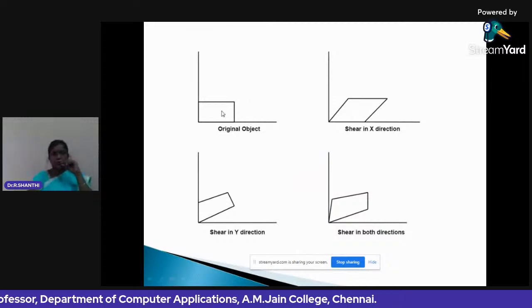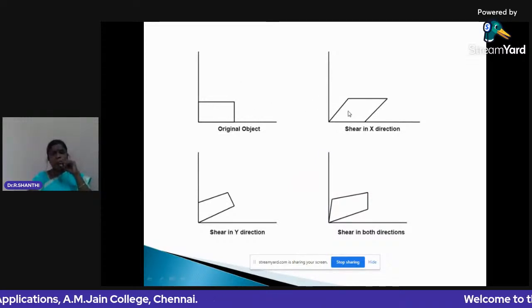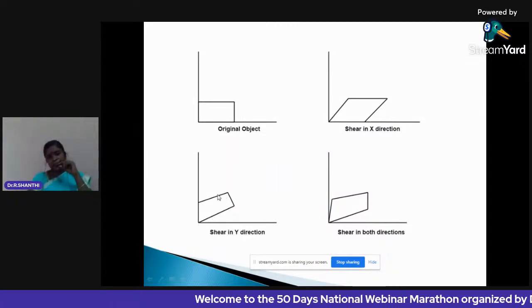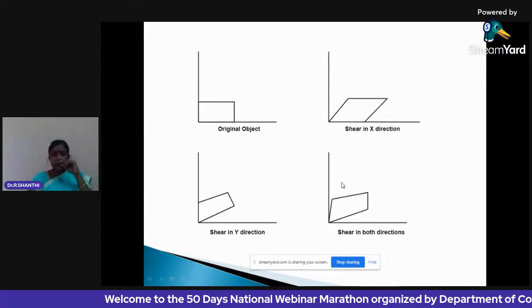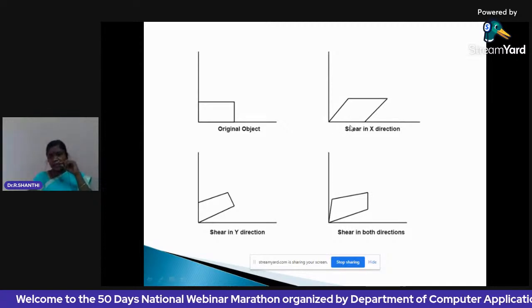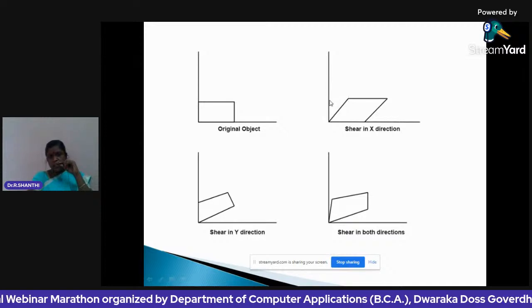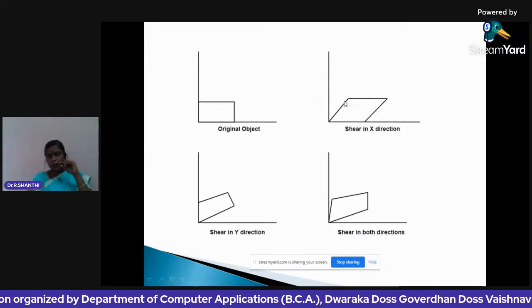See here, this is your original object. See how it looks. It looks like a rectangle. Here it looks like a parallelogram. Here you are shearing in the y direction, and this is in x direction. Only in x you are shifted, because you are not disturbing the y value.